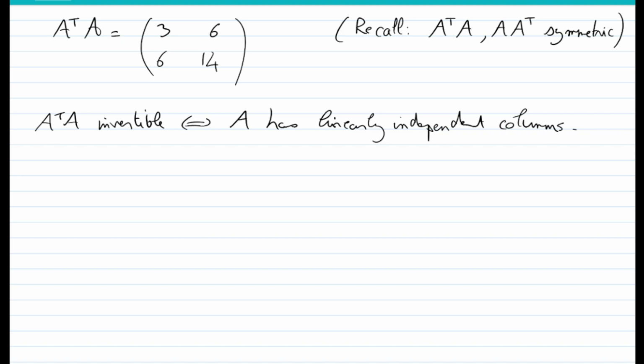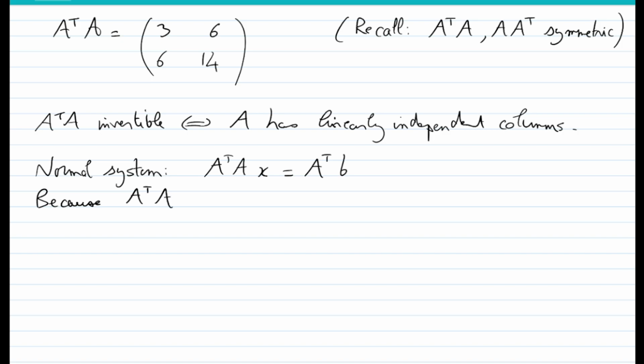And so what does that mean? Well, if you recall, we had the normal equations, the normal system, which took the form A transpose A X equals A transpose B. Now, because A transpose A is invertible, A transpose A inverse exists.